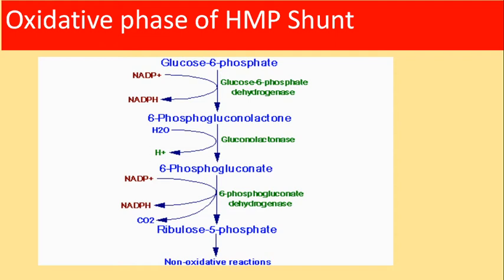This is the second step where NADPH is produced. So in the oxidative phase, 3 molecules of glucose 6-phosphate are converted into 3 molecules of ribulose 5-phosphate and 3 moles of CO2 are liberated.